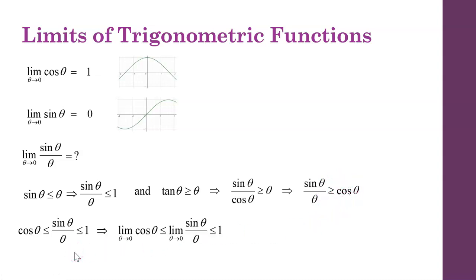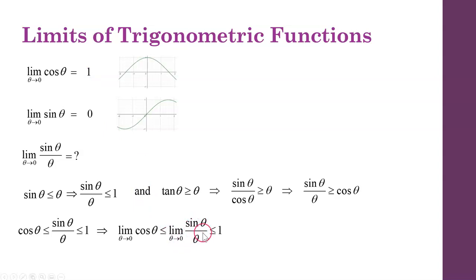And if I take the limit as theta goes to 0, this limit of sine of theta over theta is going to be less than or equal to 1, and bigger than or equal to the limit as theta goes to 0 of cosine of theta, and we established that the limit as theta goes to 0 of cosine of theta is also 1.